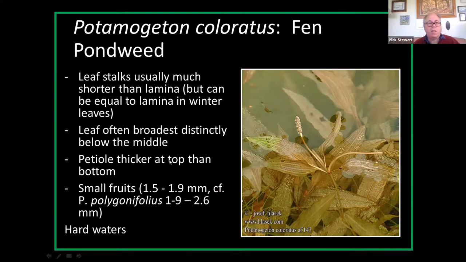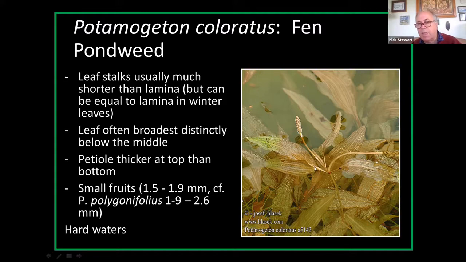But just the characters that you need to look for in the fen pondweed: the leaves are stalked, but the stalks are much shorter than the leaf blade. And the leaves tend to be broadest a little below the middle, and the petiole is often thicker at the top.